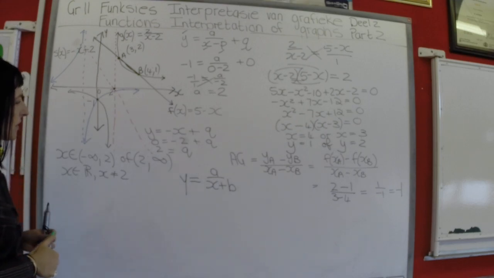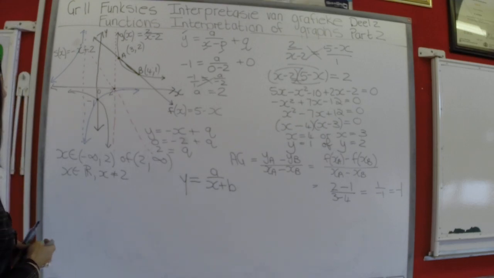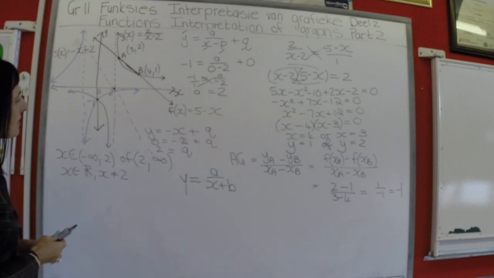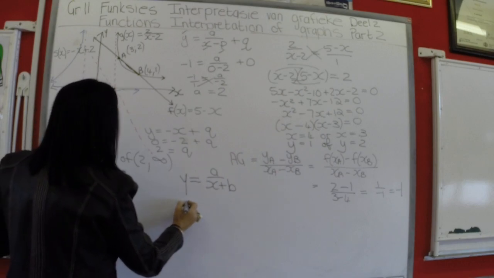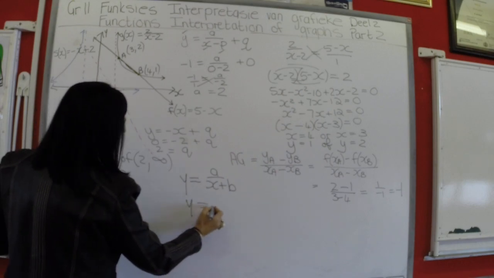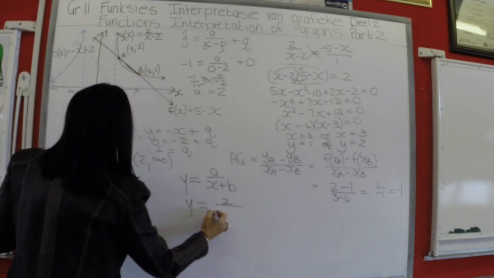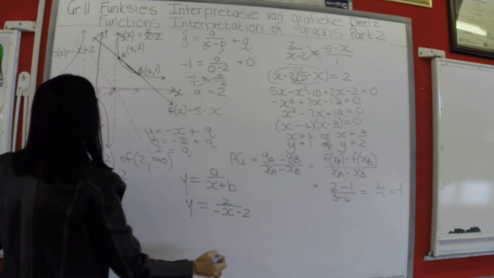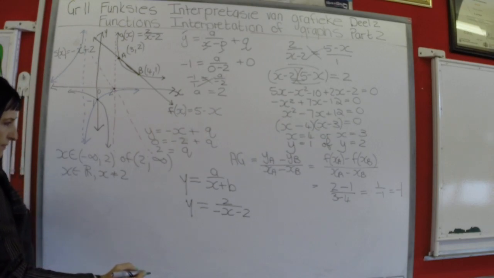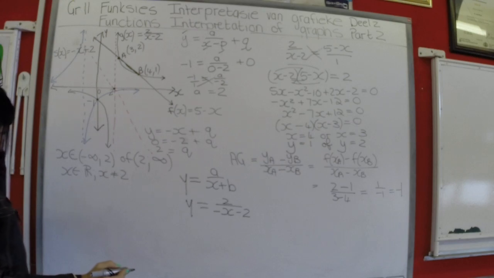So they want the values of a and b. As ons reflekteer in die y-as, dan word ons x-waarde negatief. So ek gaan y is gelyk aan 2 minus x minus 2. That's a reflection in the y-axis.